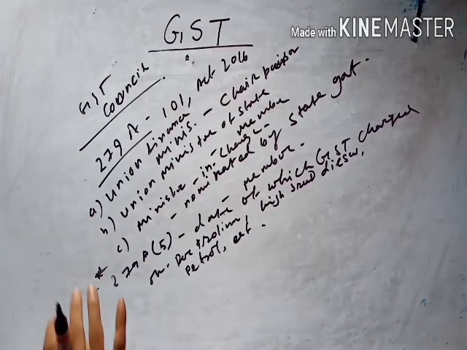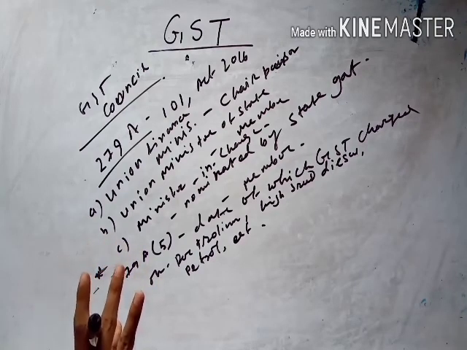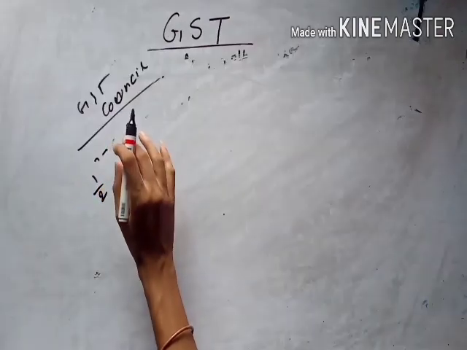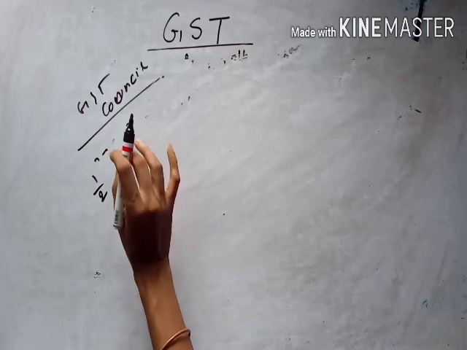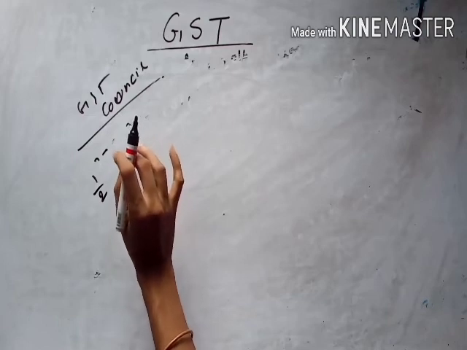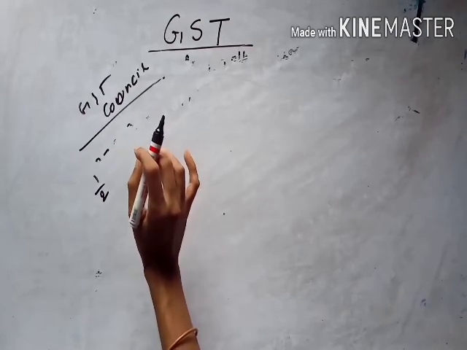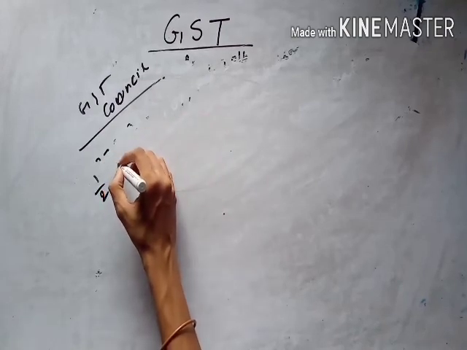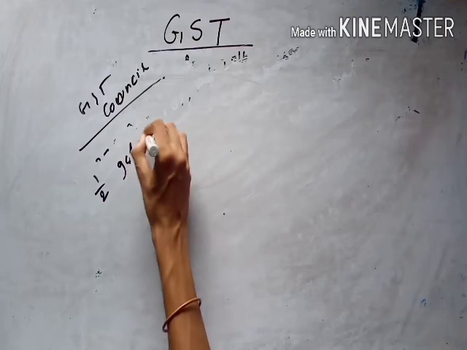And let's understand the council structure. One half of the total members of the GST Council shall constitute the quorum at its meetings.